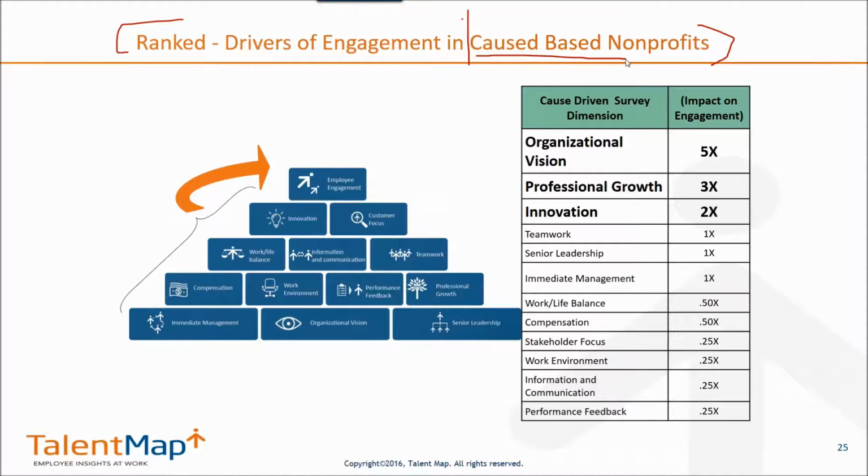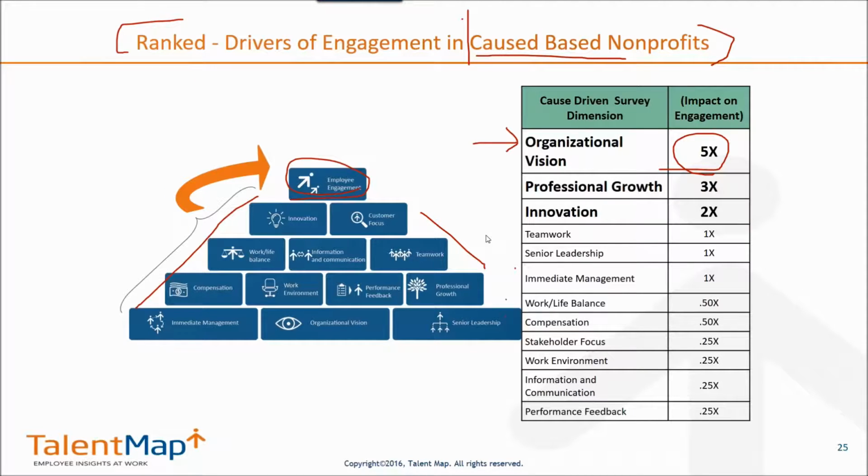When we analyze the data for those types of cause-based organizations using these independent variables and this dependent variable, we find that the number one factor is organizational vision. In fact, it's 5 times more important than many other factors like immediate management, work-life balance, compensation, and so on. So it's by far the most important variable.